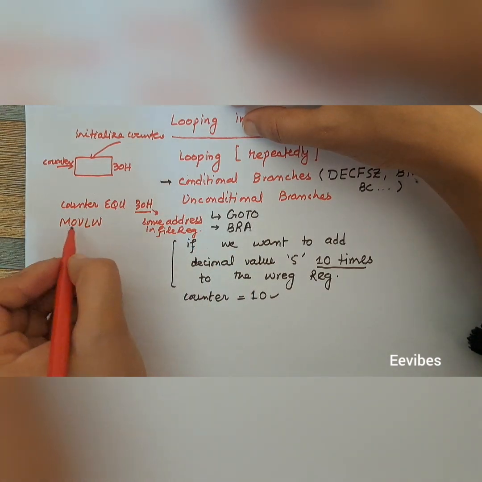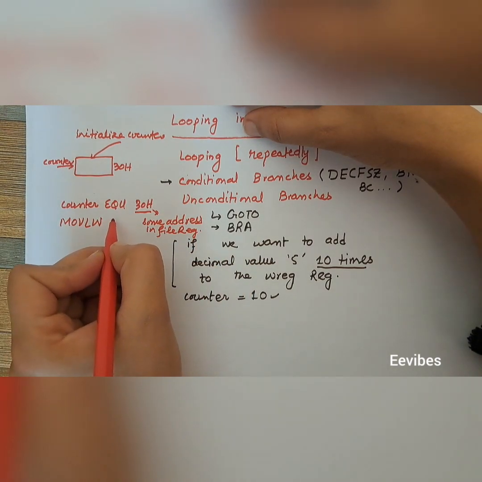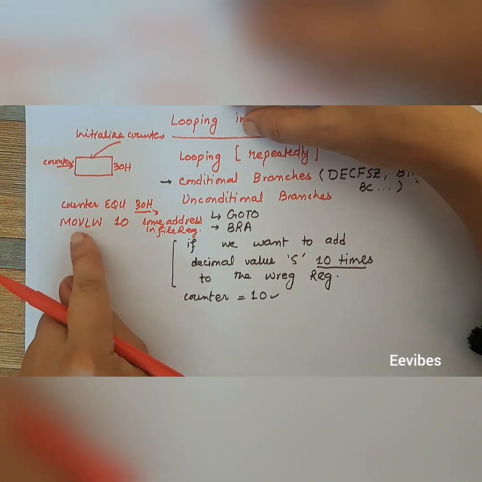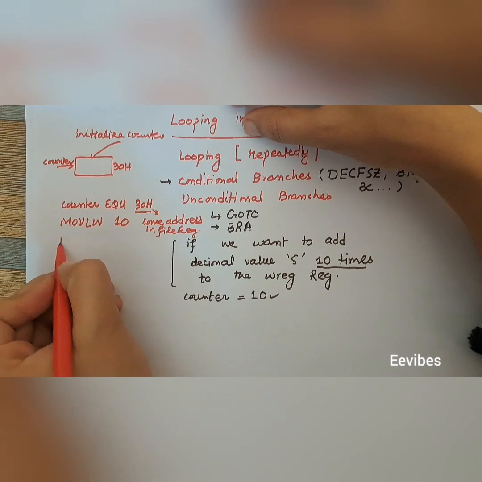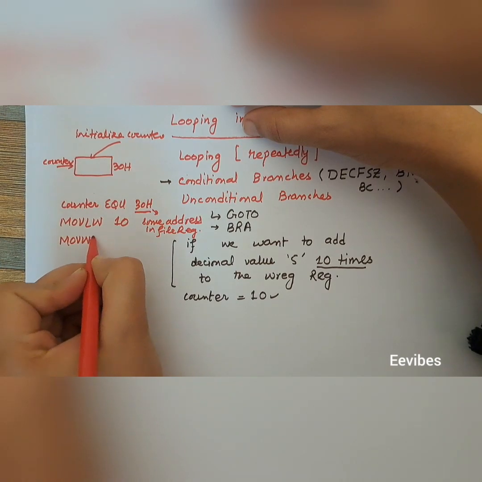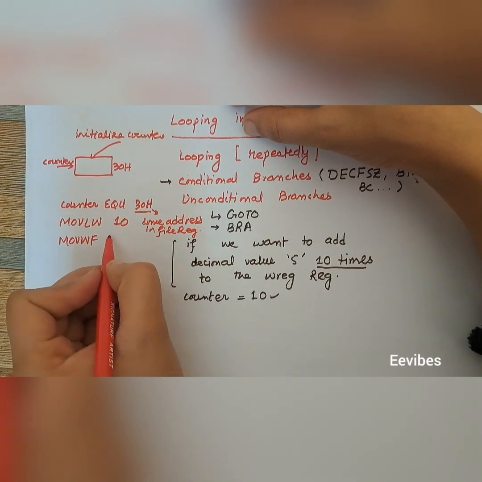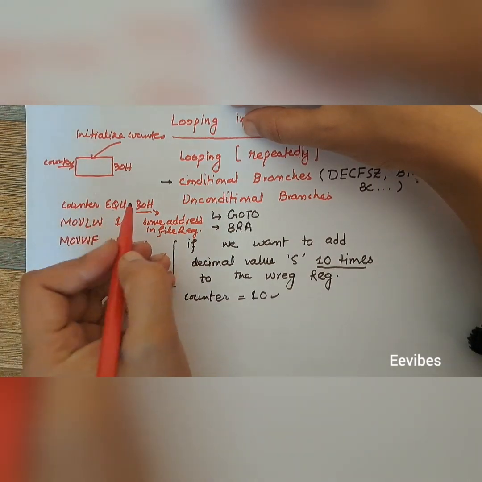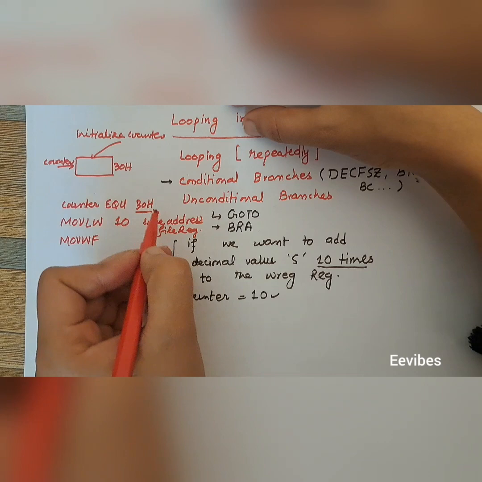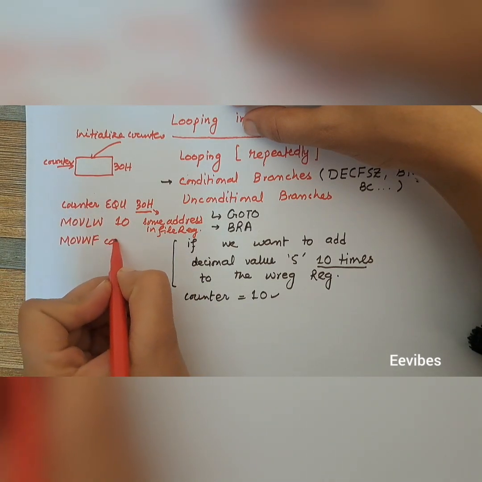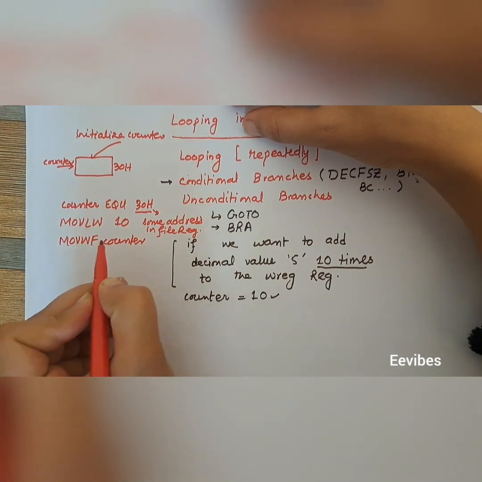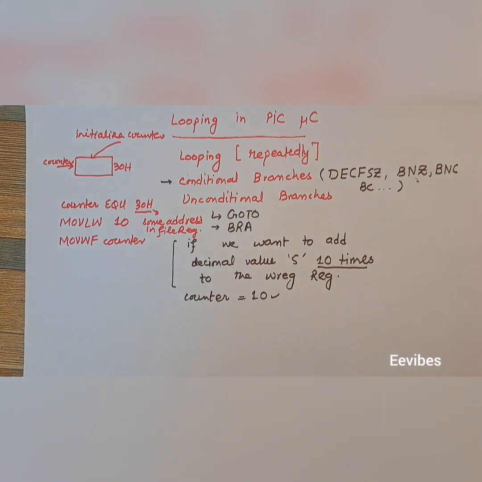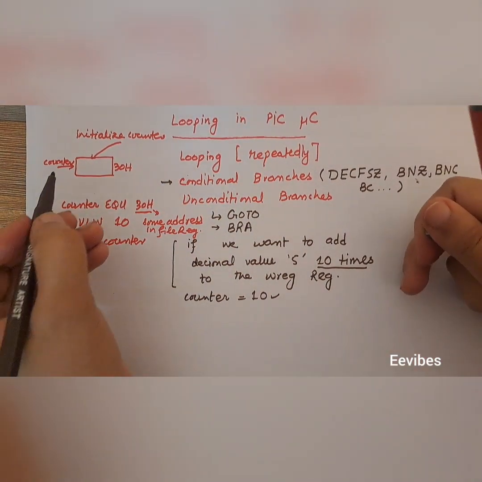So I will do move literal value to reg. Which literal value? Because we want to set the counter equal to 10. And then the next step would be move reg to file. Which file register do we want to copy this counter value to? Now we have named this 30 hex file register as counter, so I'll write here counter. In this way counter will be initialized at the value 10.